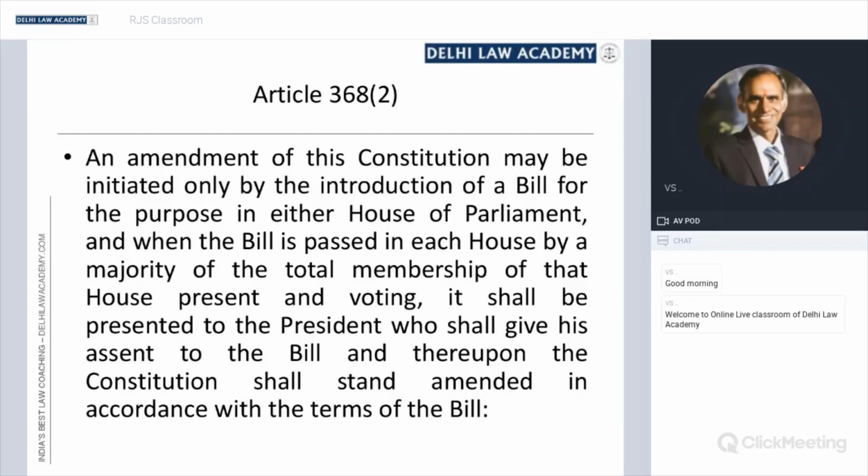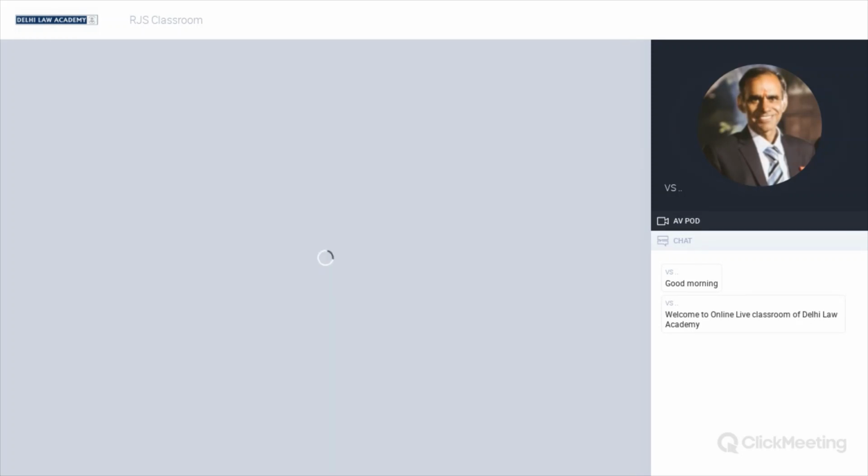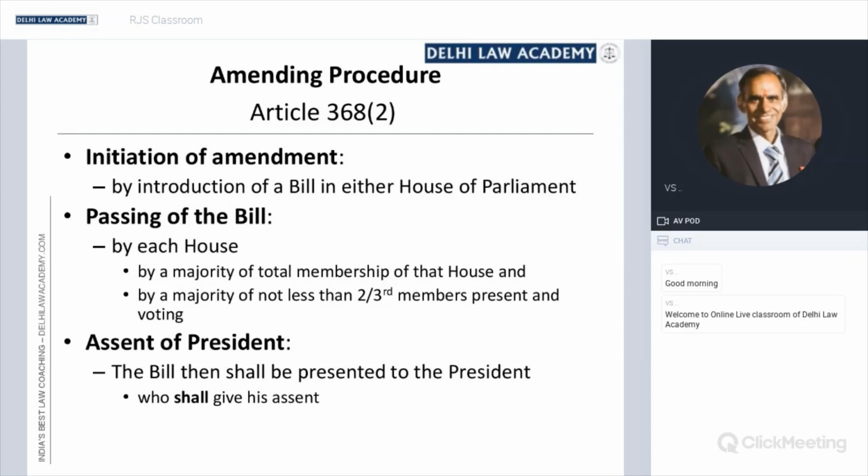What we see on this slide is the language as it is written in the Constitution. However, we can simplify it in this way, and we can put a caption, amending procedure, as far as Clause 2 is concerned. So this is Article 368 Clause 2, captioned as amending procedure. And then the procedure is divided in 3 parts.